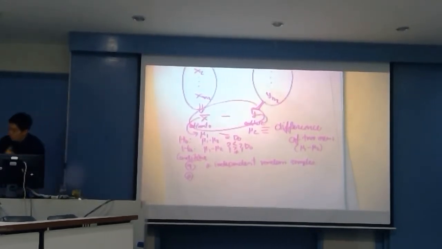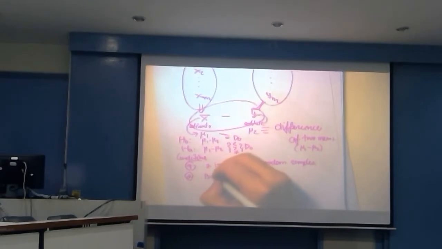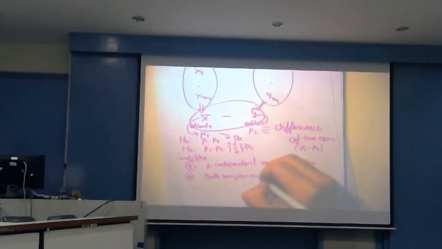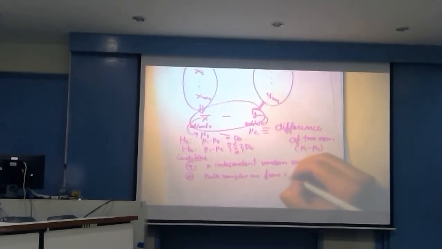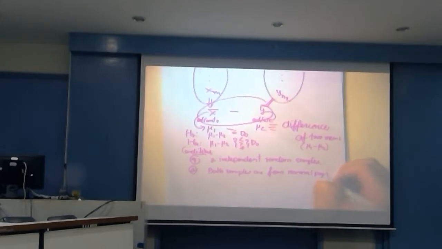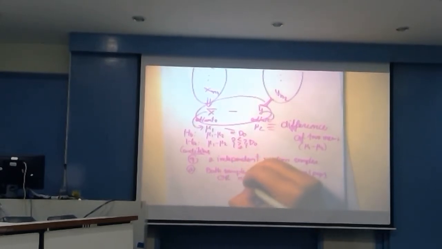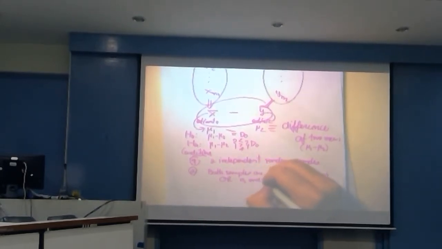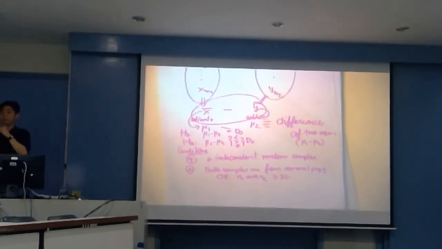In this case, you would say both samples are from normal, or n1 and n2 are at least 30. To make it simple, just say both are normal.